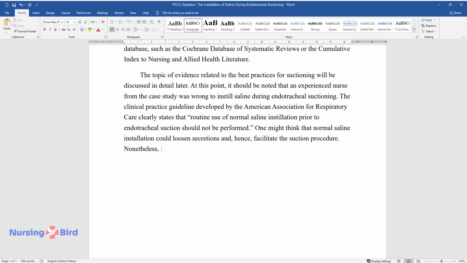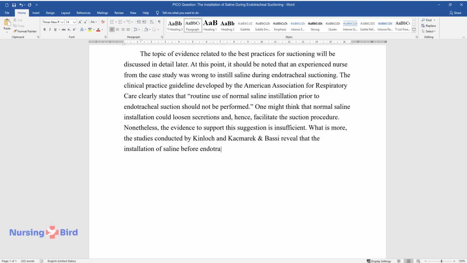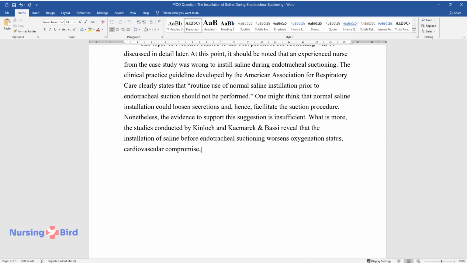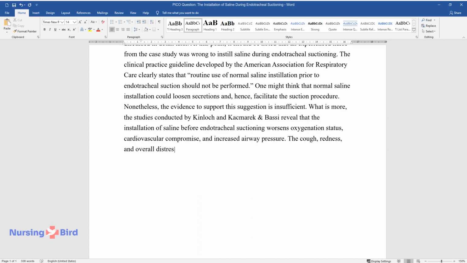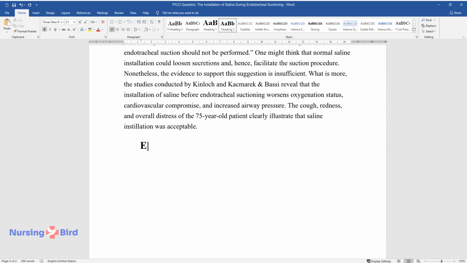Nonetheless, the evidence to support this suggestion is insufficient. What is more, the studies conducted by Kinloch and Kacmarek and Bassi reveal that the instillation of saline before endotracheal suctioning worsens oxygenation status, causes cardiovascular compromise, and increases airway pressure. The cough, redness, and overall distress of the 75-year-old patient clearly illustrate that saline instillation was not acceptable.